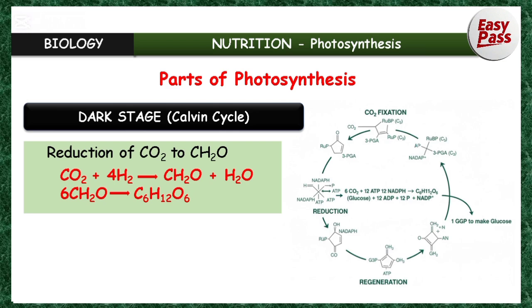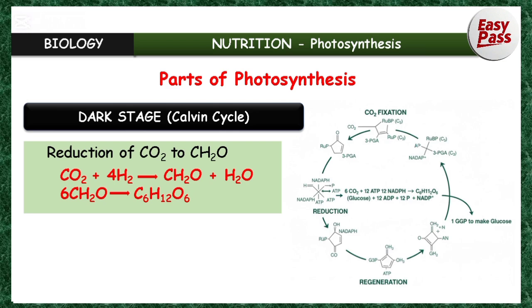We have 4 molecules of this, and an additional water molecule being formed. So as if we are having 4 molecules of hydrogen being formed from this place, being carried back to this place, we are going to have CH2O plus H2O being formed.